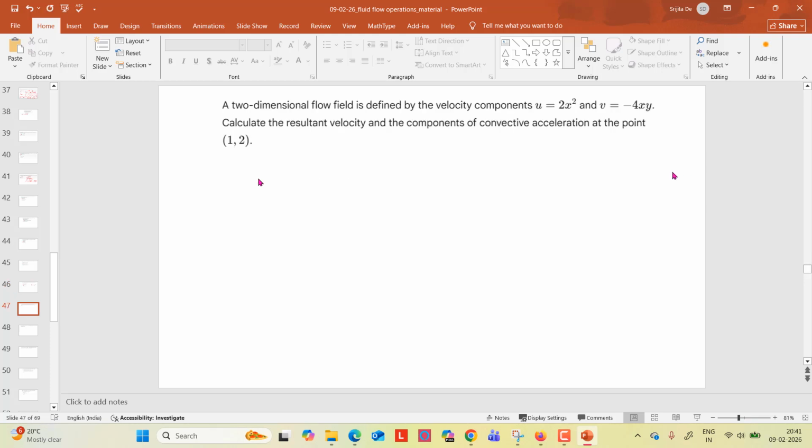Next, a two-dimensional flow field is defined by the velocity components. Calculate the resultant velocity and the components of convective acceleration at points 1 and 2.